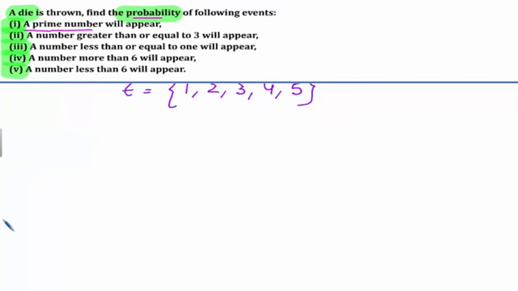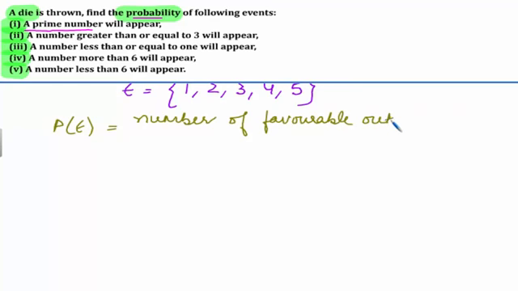Therefore, probability of event E is equal to the number of favorable outcomes to the event E divided by the total number of outcomes.